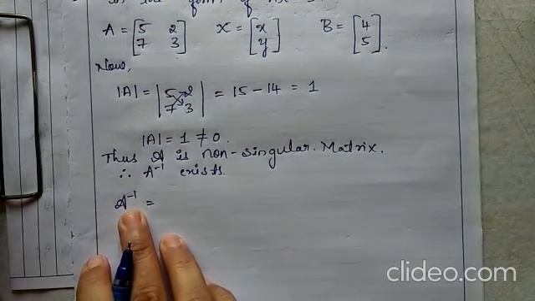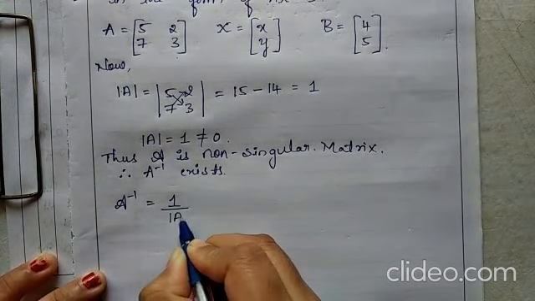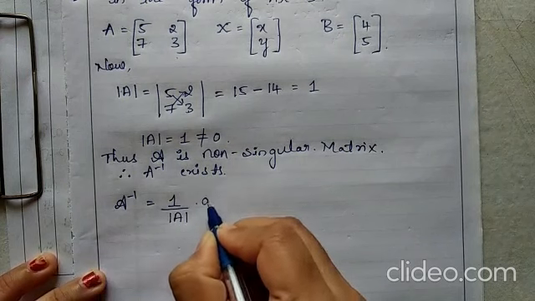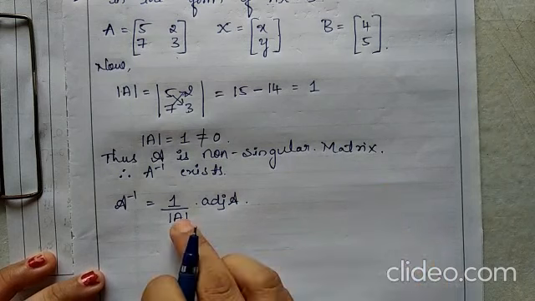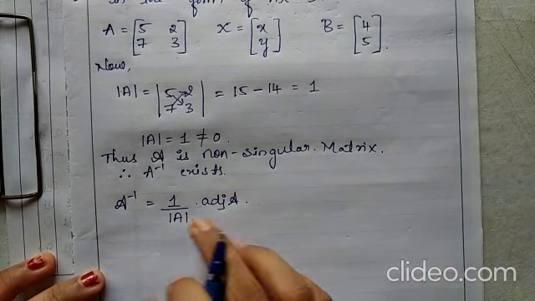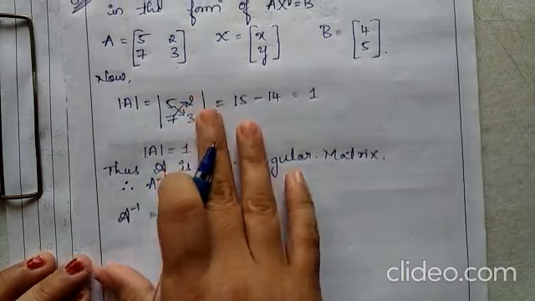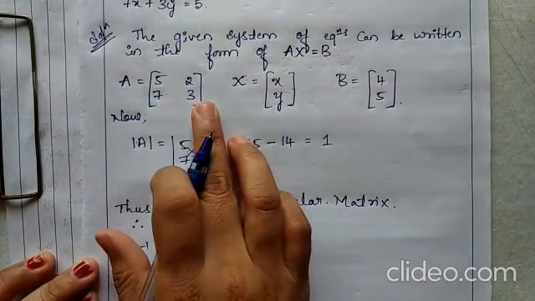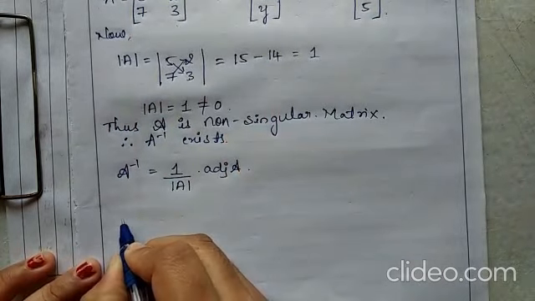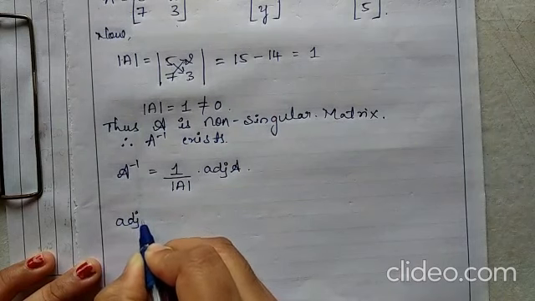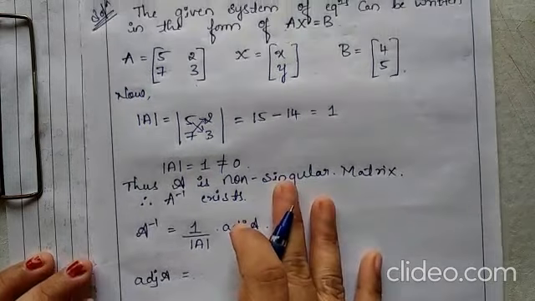What is the formula for A inverse here? A inverse is equal to 1 divided by determinant of A into adjoint of A. You already know the determinant of A. We need to calculate the adjoint of A of order 2, that is a square matrix of order 2 rows and 2 columns. How to find the adjoint?